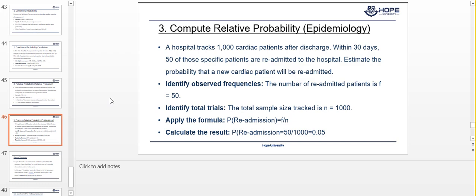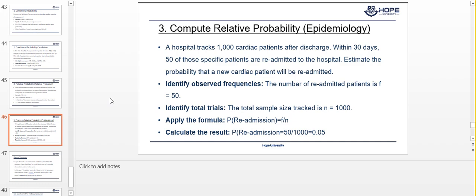Within 30 days, 50 of those 1,000 cardiac patients are readmitted, meaning they come back to the hospital. We are estimating the probability that a new cardiac patient will be readmitted, using this formula.